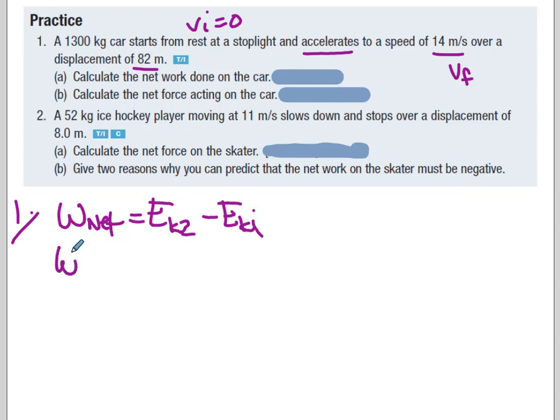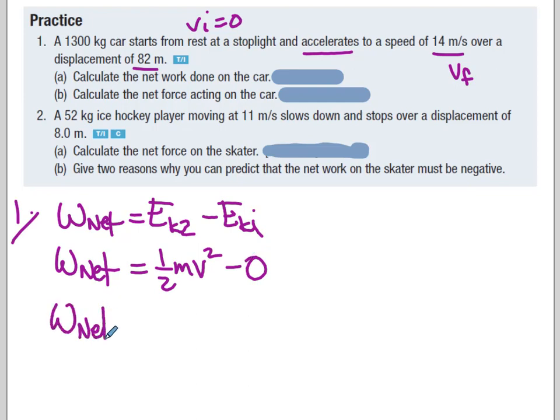So net work is 1/2 mass times velocity final minus 0 because it started at 0. And then I just have to put in the numbers. 1/2 times 1,300 times 14 all squared.